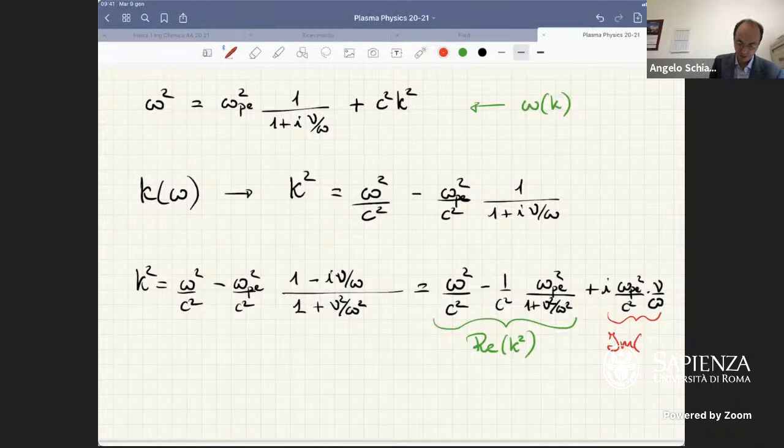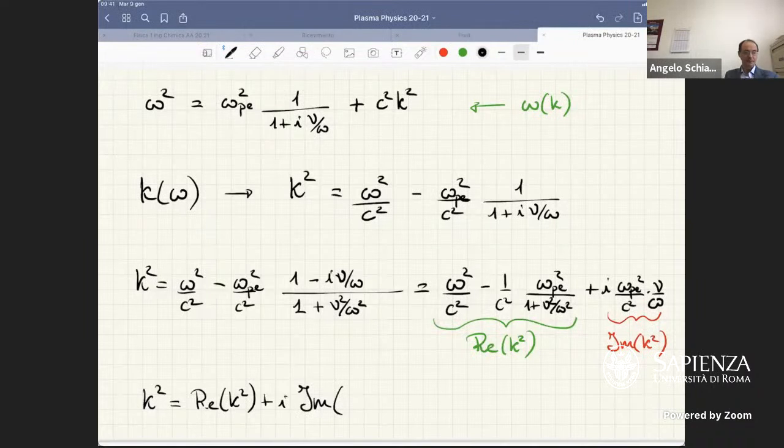So actually we can write k squared as the real part of k squared plus i times the imaginary part of k squared. Okay. It is a complex quantity.